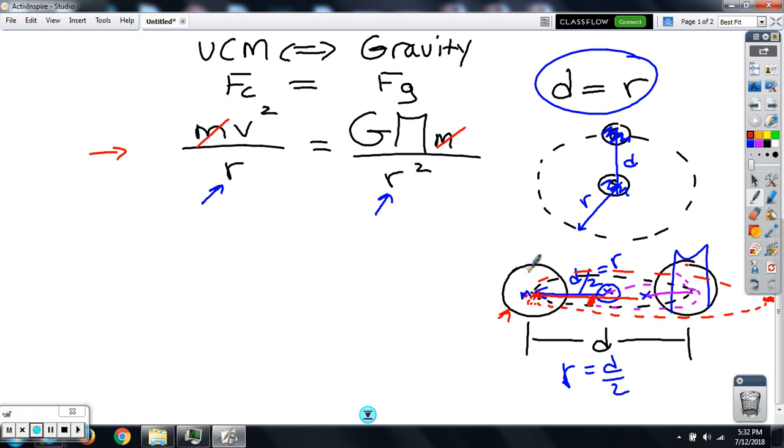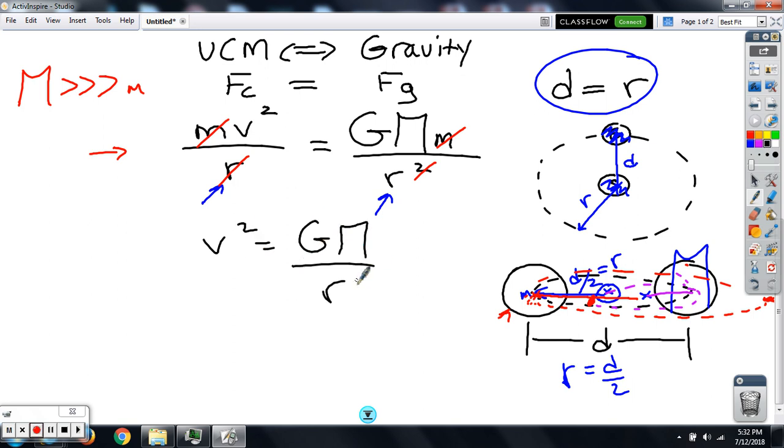It's the fact that the mass of the object that the satellite's orbiting around is so much bigger than this mass that the mass of the little object goes away. And we lose an r on both sides. So what I'm left with here is v squared is equal to GM over r.